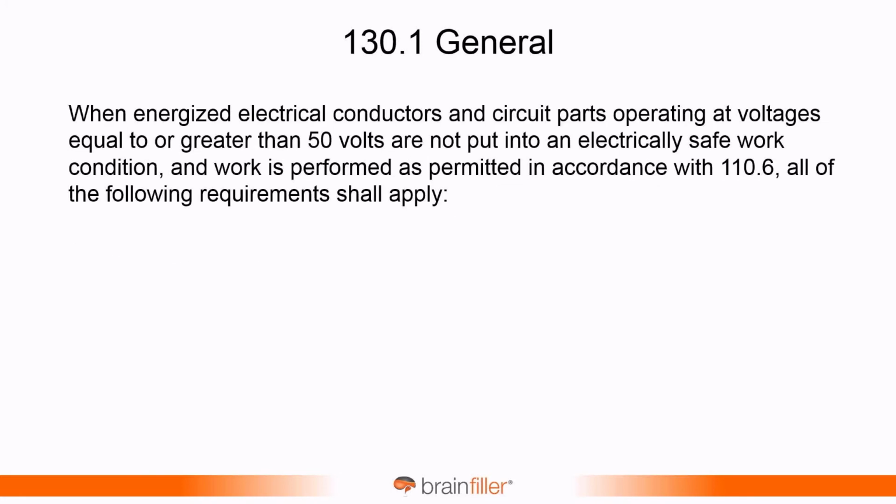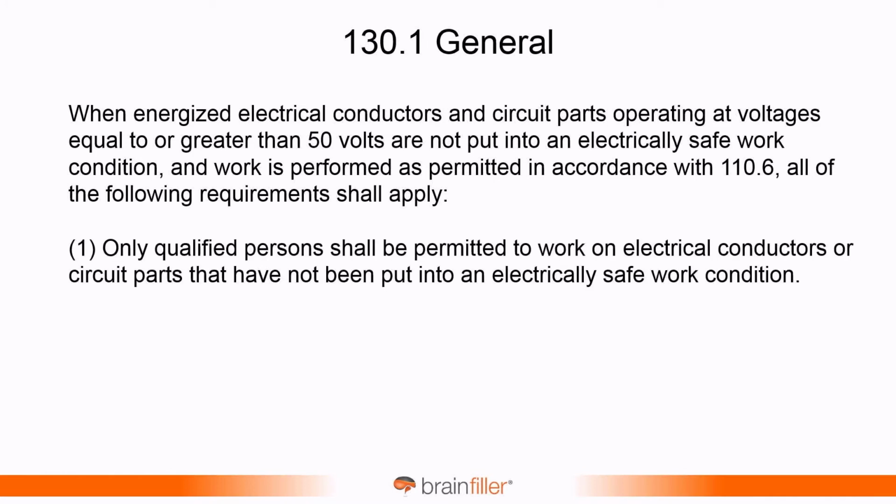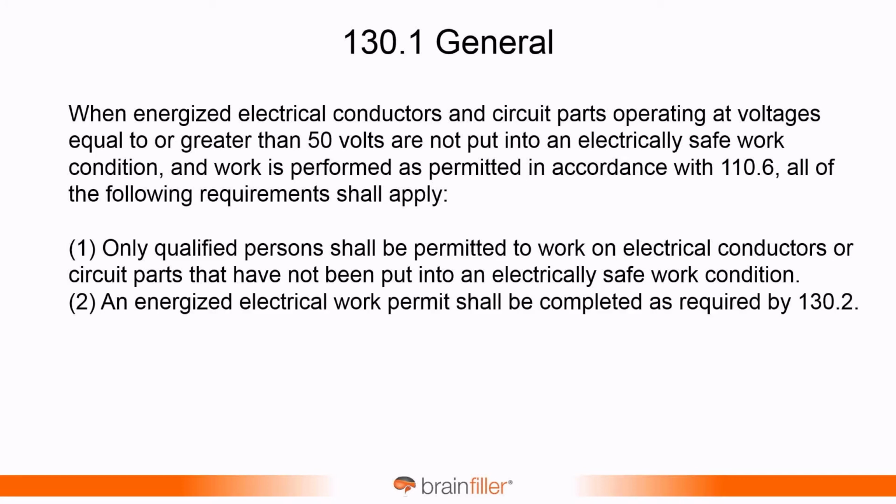With this one, when energized electrical conductors and circuit parts operating at voltages equal to or greater than 50 volts are not put into an electrically safe work condition, and work is performed as permitted in accordance with 110.6, that used to be in 130, all of the following apply. Only qualified persons are permitted to work on the electrical conductors.